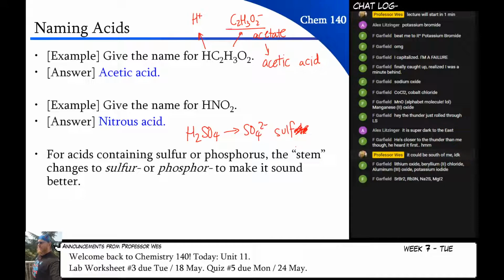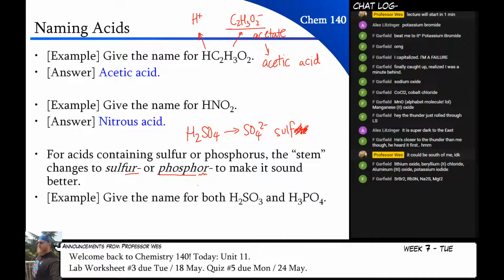Somebody decided that sounded dumb, so we change it to sulfur. Same thing with phosphorus-containing compounds. So if you have like phosphoric acid or whatever, phosphate, if you get rid of the -ate, you just get phosph. We add the extra little -or on the end here to make it sound better. So for these two examples right here, here's my H pluses. There's the other thing.